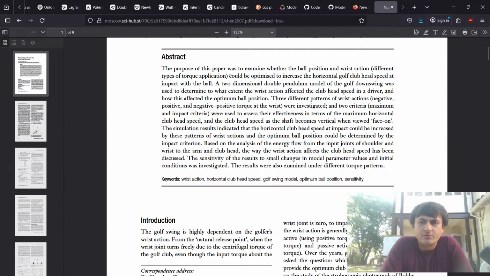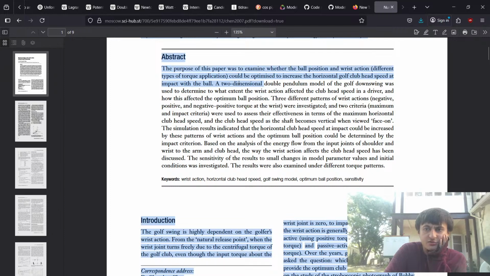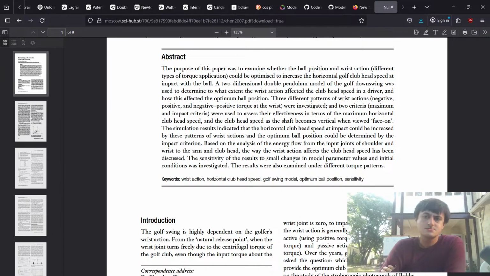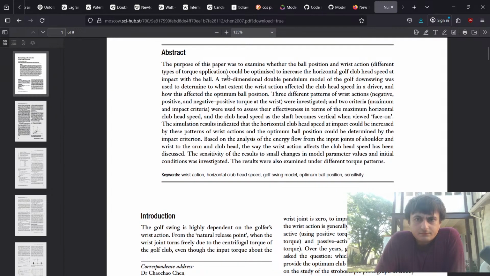The purpose of this paper was to examine whether the ball position and wrist action could be optimized to increase the horizontal golf club head speed.